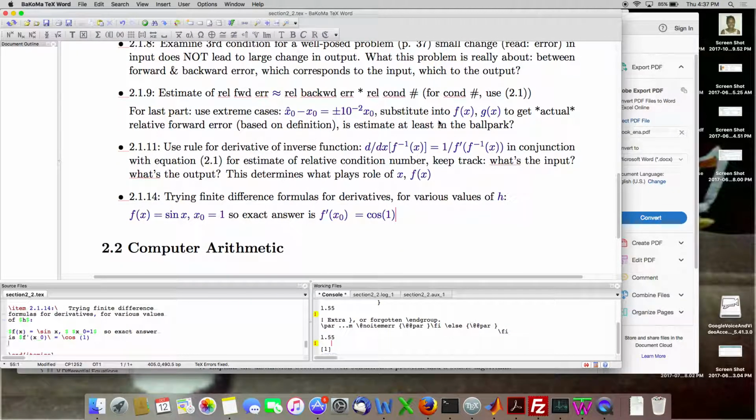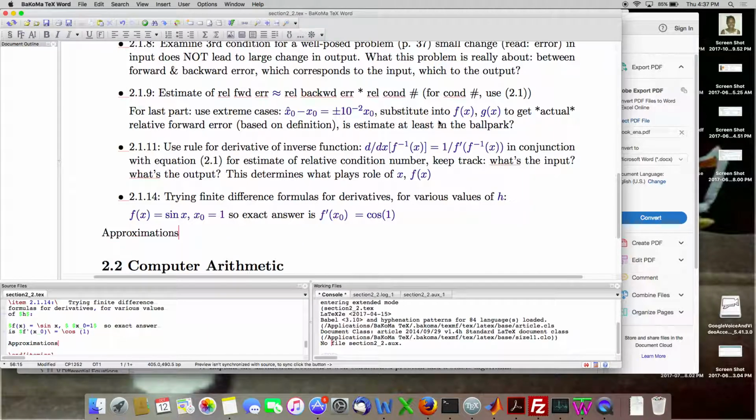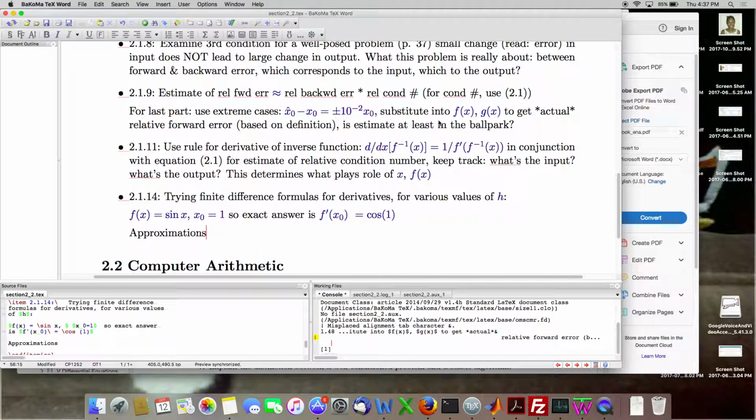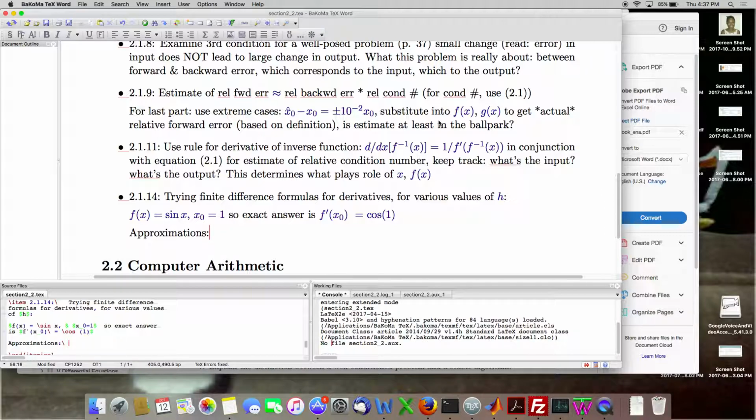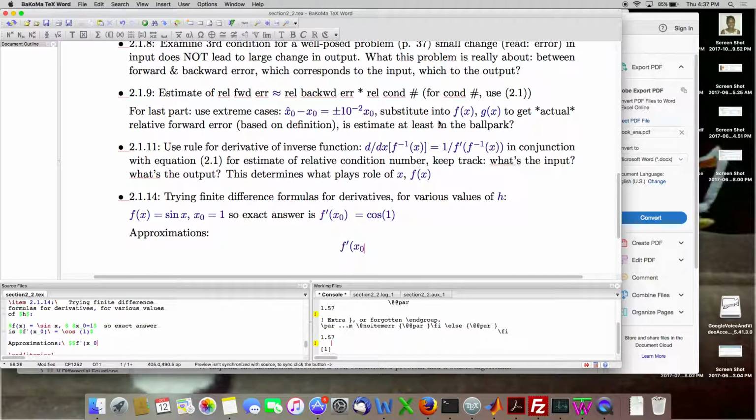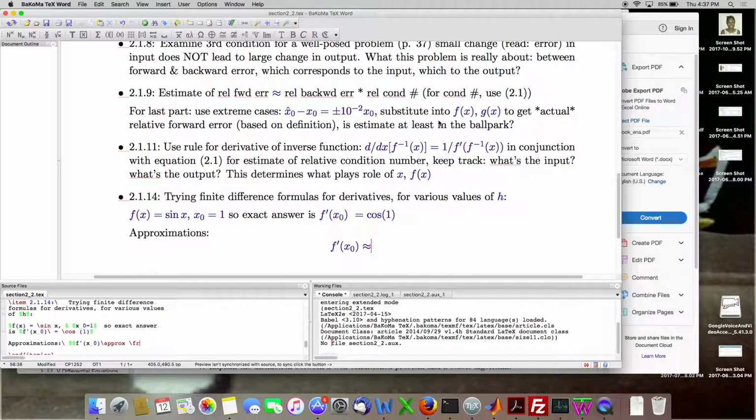So then your approximations. There are two formulas here. Let's work with one of them.